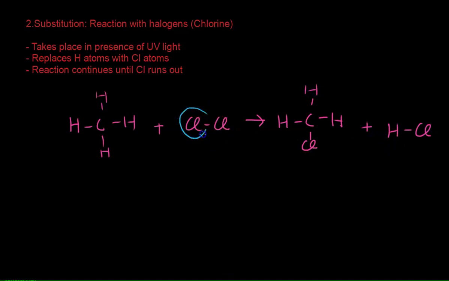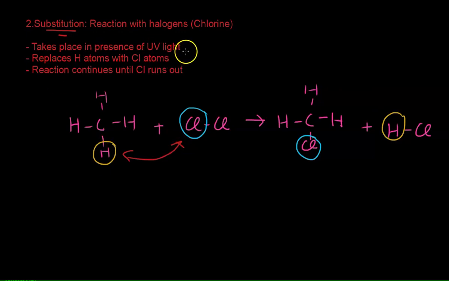Imagine this is the C, this is the H. What you can observe is that they swap. This Cl comes in here, this H goes up here. So it becomes like this. That's why it's called substitution, because an H is being swapped for a Cl.